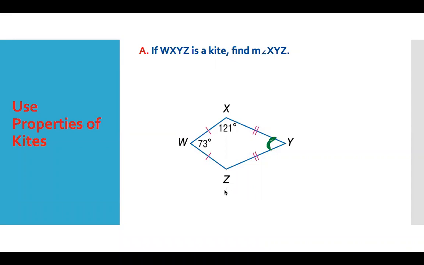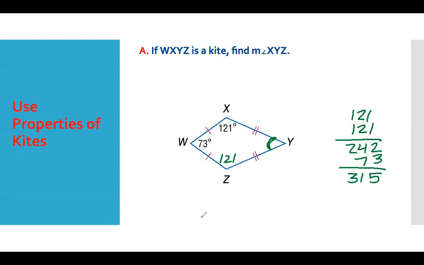What do we know about a kite? It has one pair of congruent angles. Where are those congruent angles? X and Z, because it is not in between the congruent sides. So this angle is 121. Right. So we got 121 plus 121. That's going to give us 242 plus 73, because that's the third angle.